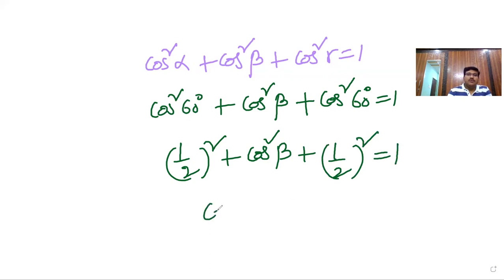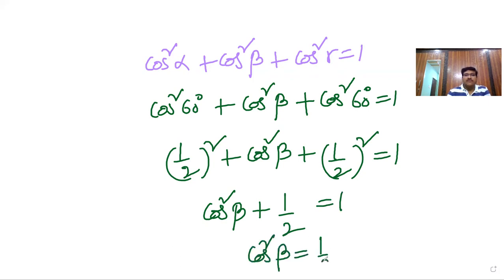Cos 60 is 1 by 2, whole square, plus cos square beta, plus cos 60 again 1 by 2, whole square, is equal to 1. So cos square beta plus 1 by 4 plus 1 by 4. Half square is 1 by 4. If you take the LCM, 2 by 4, which is half, equals 1 minus cos square beta. So cos square beta is equal to half.